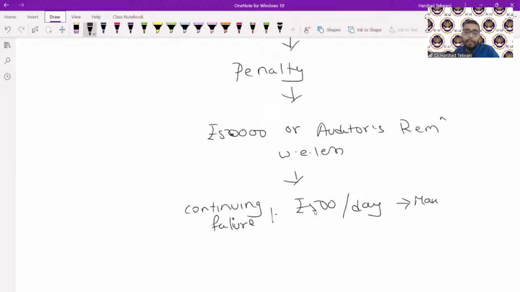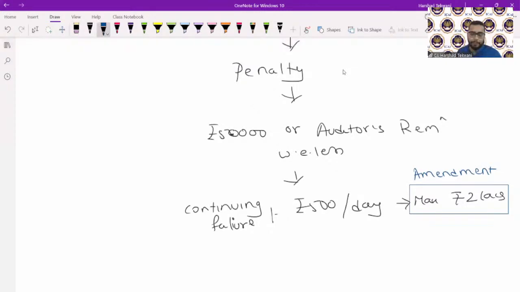This maximum is an amendment: earlier it was 5 lakh, now it has been reduced to 2 lakh rupees. Clear?